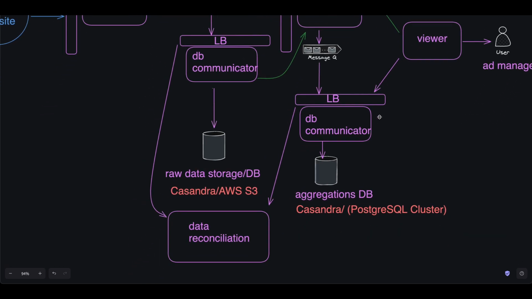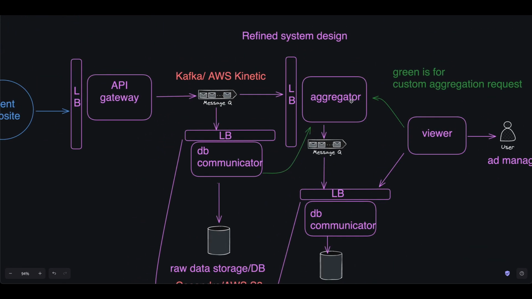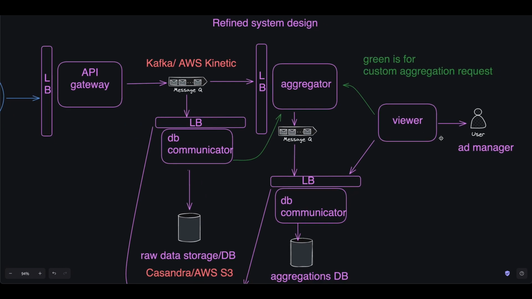Okay, let's cover our part with aggregator separately. For viewer, it will be some service that's going to be serving user interface. It will likely be like Google Analytics. Maybe you want to have some predefined requests. You don't want to write raw SQL. Maybe you have some kind of human language or maybe even an LLM system here.